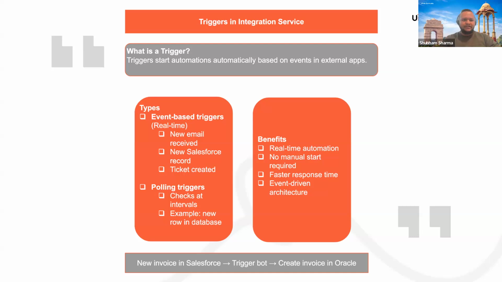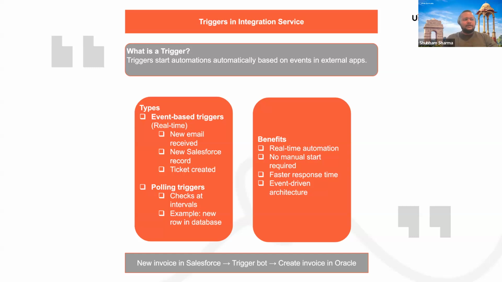That is also catered for by Integration Service. Then we have polling triggers. We can check at intervals, like whether a new row is added to the database. Last time I checked, polling triggers had a timeout of 5 minutes. So within 5 minutes, it checks whether the data has been added to the database, and things like that.